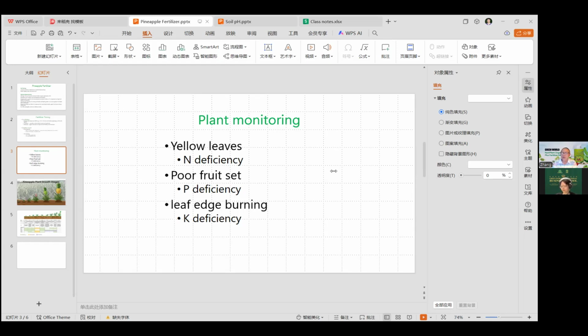NPK you put into the soil before planting. You can add NPK 1 or 2 times during the growing season into the soil, but it takes a long time to become usable for plants. Nitrogen, N, is immediately available for plants, but P and K are not.